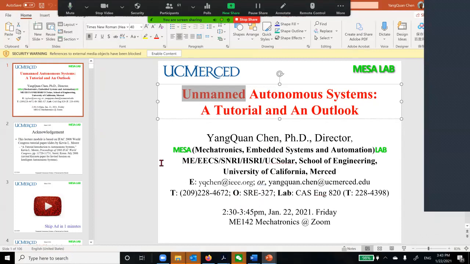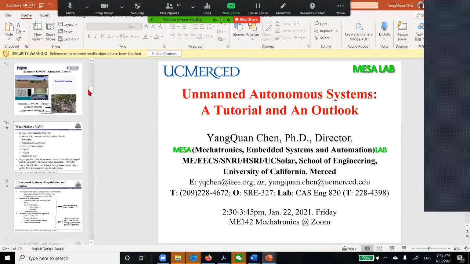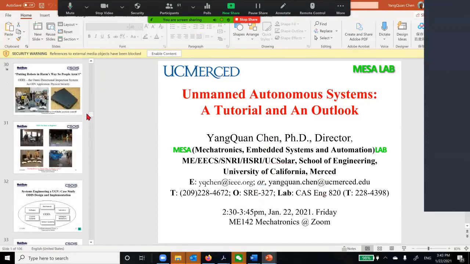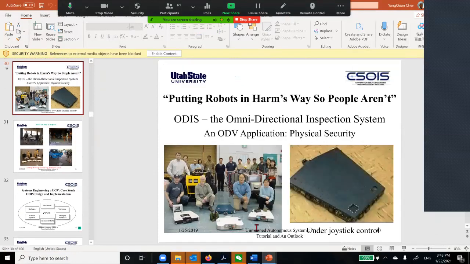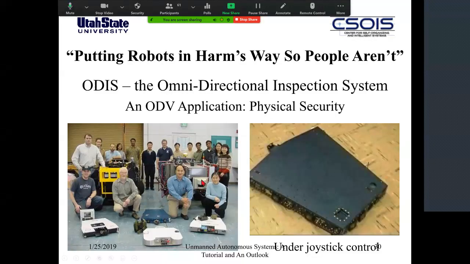In here, you are going to see a lot of slides, but I want to highlight one slide to you. You can watch what Dr. Chen looks like when he was young. This is called undercar inspection. It's a very low profile, so it can go underneath the car to check what's there.